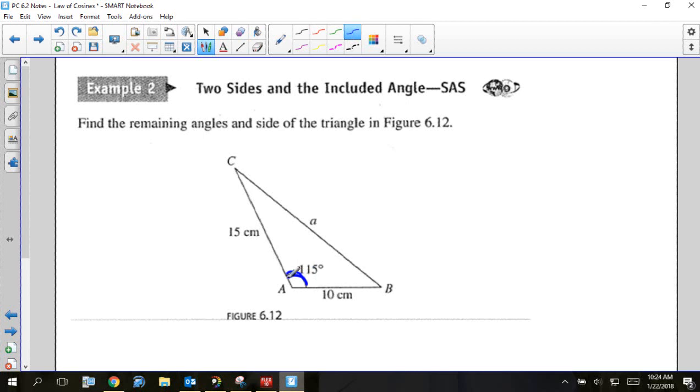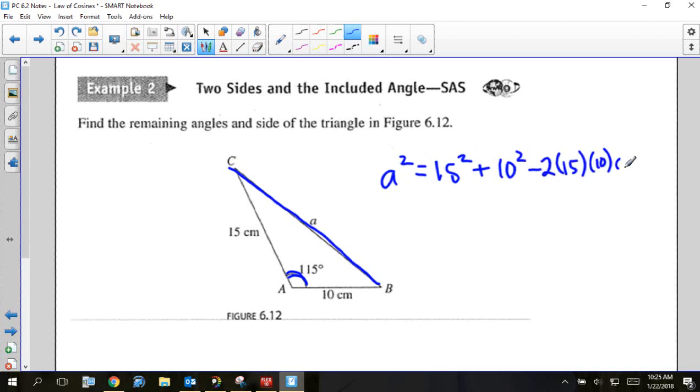That's angle A. So that means that the opposite side, side A, is what I'm going to start with. And then the B and the C, it doesn't matter which one's which. Minus 2 times B times C times cosine of angle A.